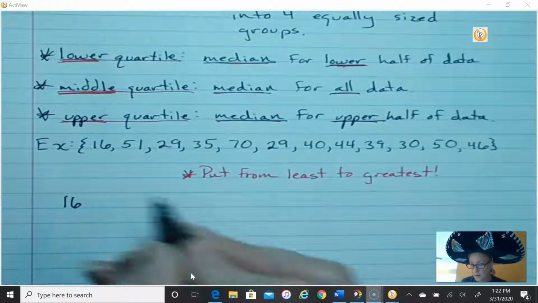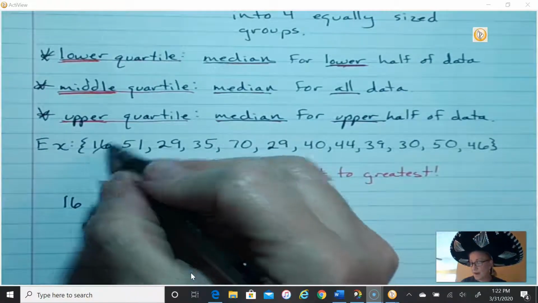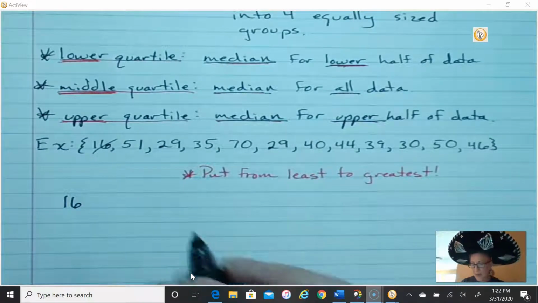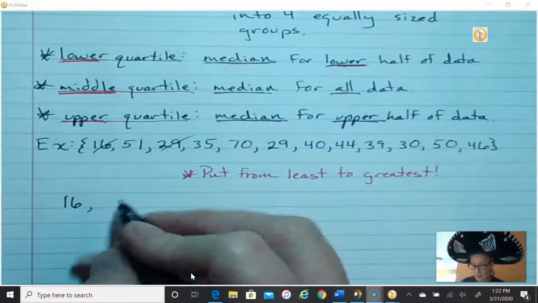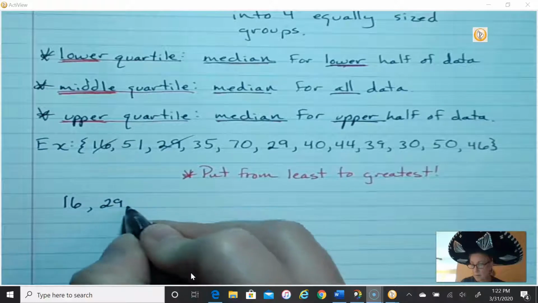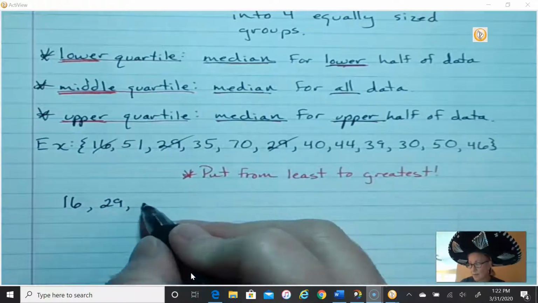Cross it out. The next number that's small is 29. And then 29.